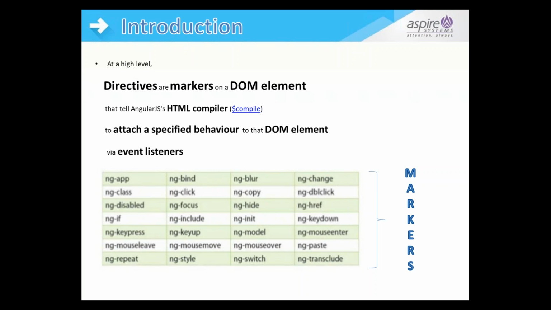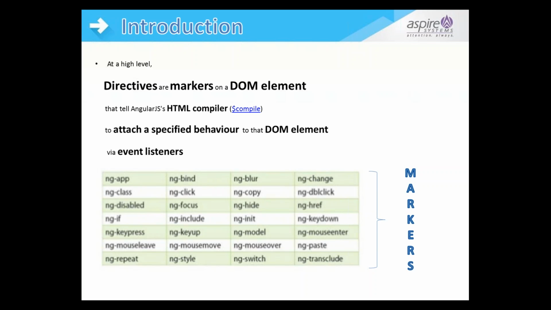So before I write ng app inside this tag, this just behaves as a simple div. It's a static div, won't do anything. But from the moment you put this directive here, ng app, then whatever stuff which you are going to write inside this div is going to be an Angular application. It's going to behave like an Angular app. So there is some marker, some text that is going to change the behavior of this div, and that is called as a directive.